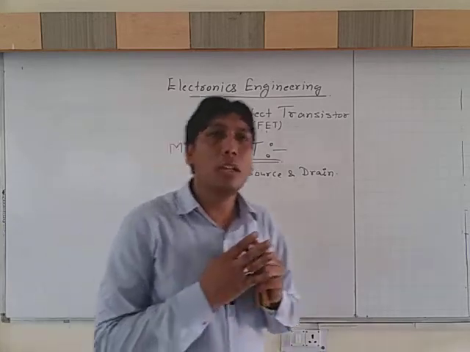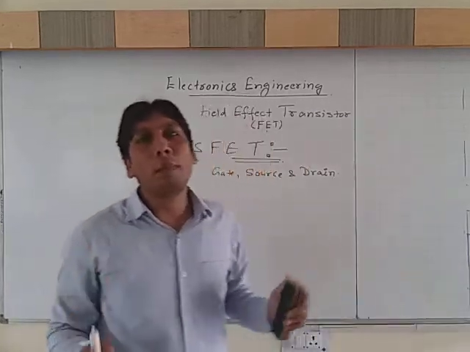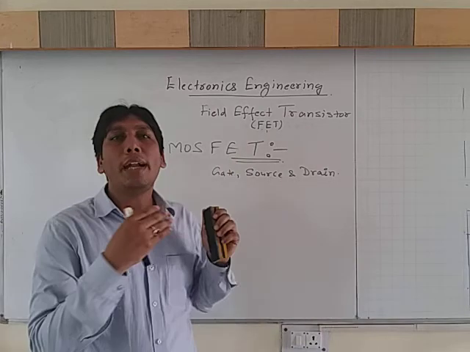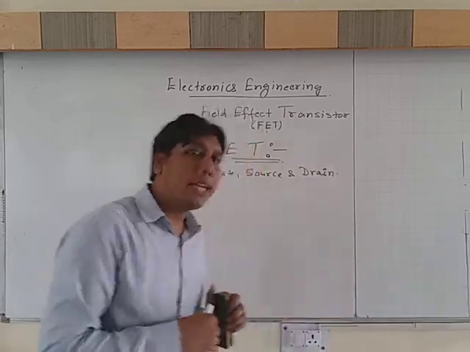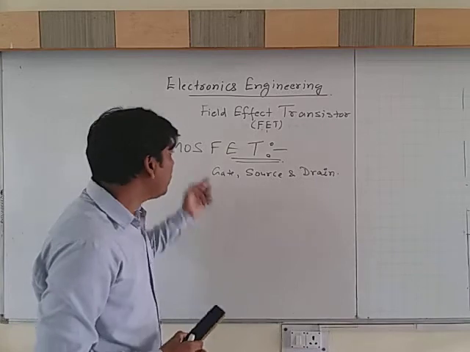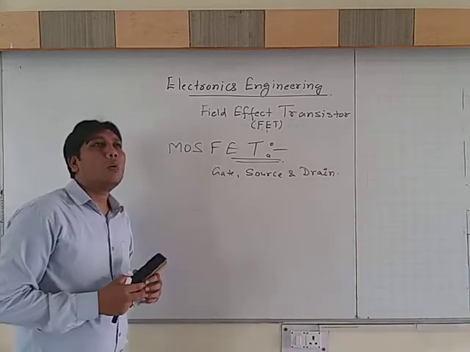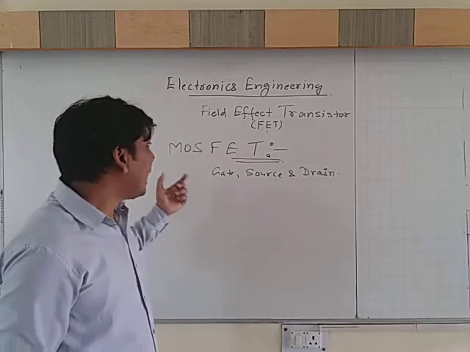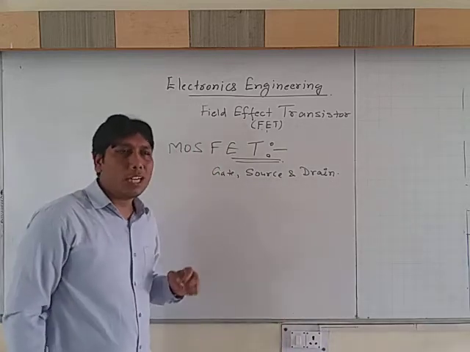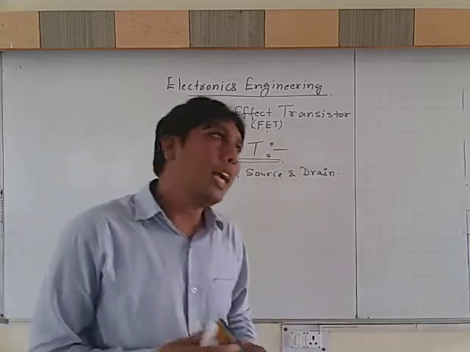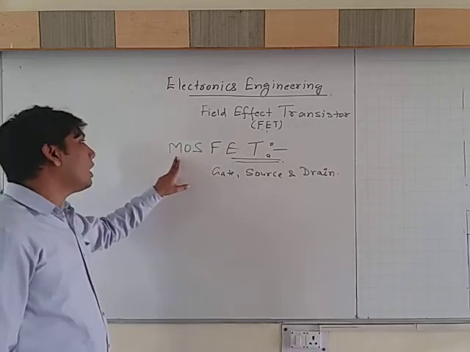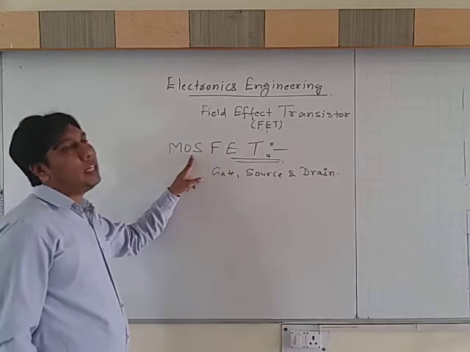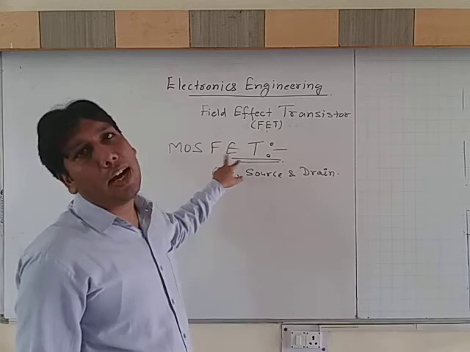That is, there is no connection in between gate and source or gate and drain. That is, the gate is insulated with the help of an insulator. Here, since SiO2 is used, that is silicon dioxide, that's why the name is given metal oxide semiconductor field effect transistor.